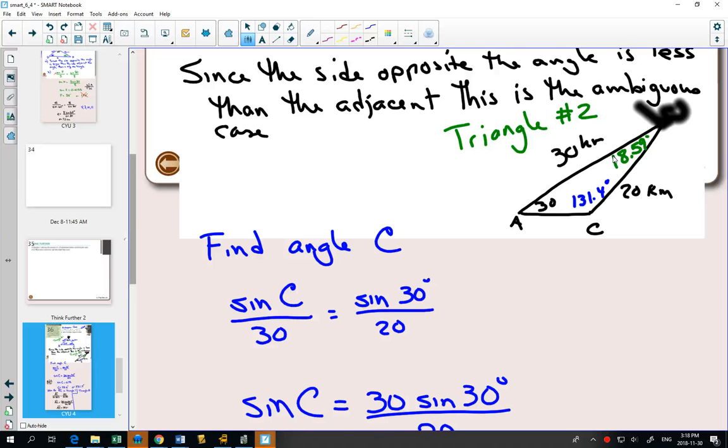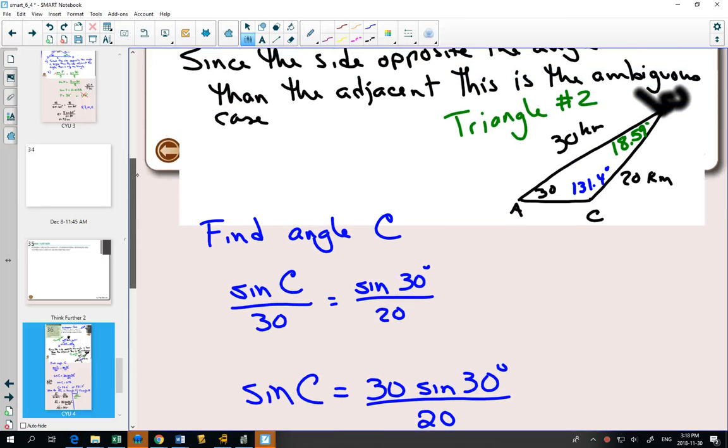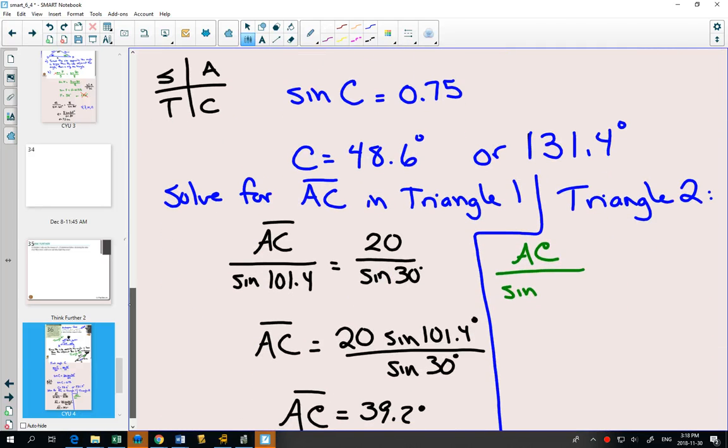And in triangle 2, you do the same thing. AC over sine of, well, what's opposite of AC is 18.59. Is equal to 20 over sine 30.